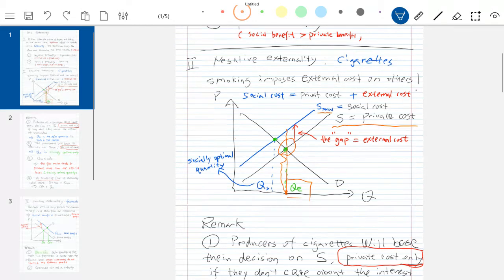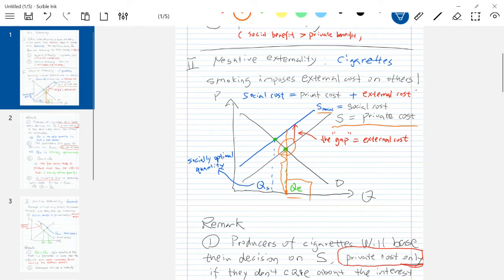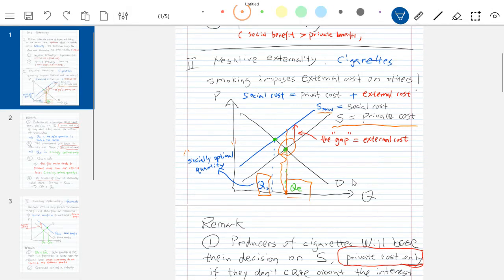Therefore, the intersection of this supply function with the demand function will determine the truly efficient level of production. I'm going to call this level QS, which stands for the so-called socially optimal quantity, because this level is determined by the demand function and the supply function that reflect the social cost of producing cigarettes.